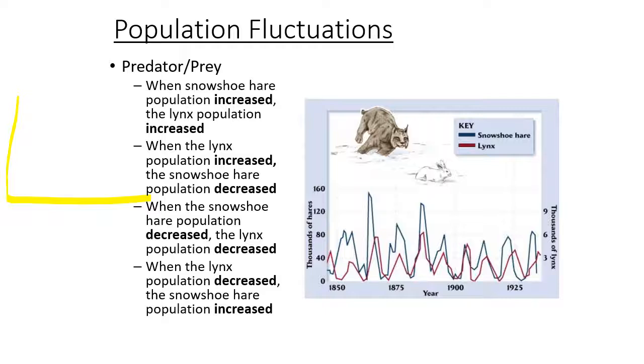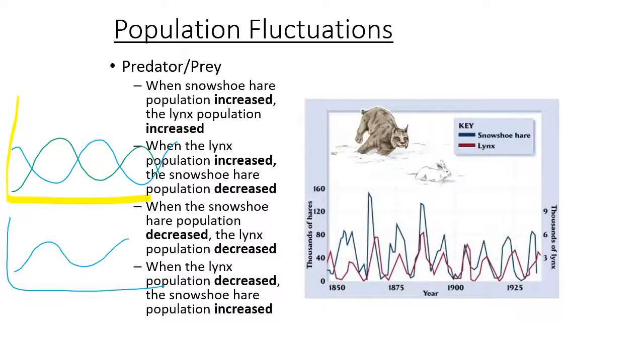So we get a graph that looks like this, and a graph that kind of looks like this. It's not exact, but similar to what we get. It's more actually along the lines of this. Slightly one after the other.